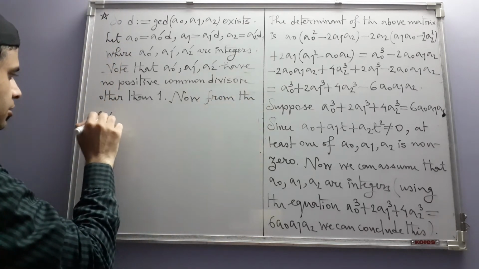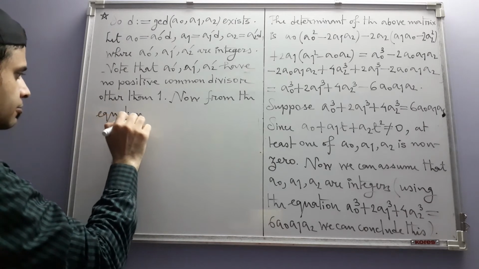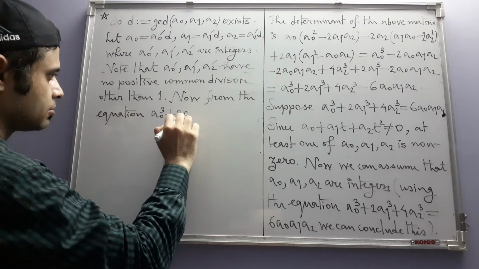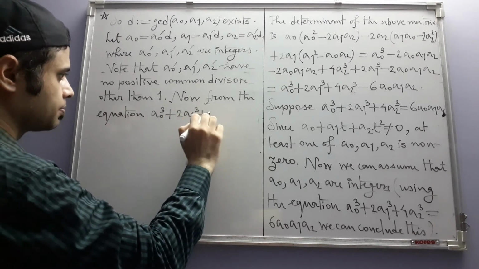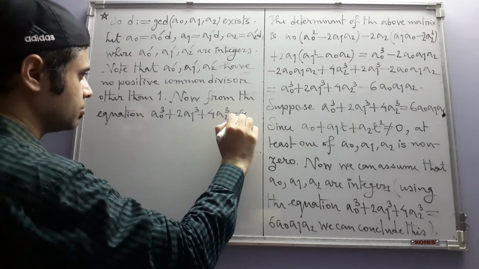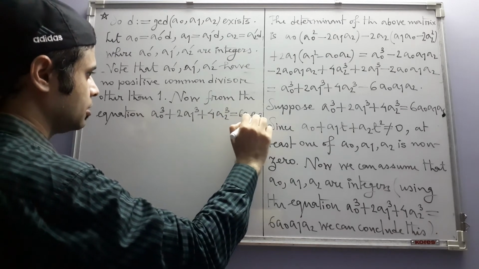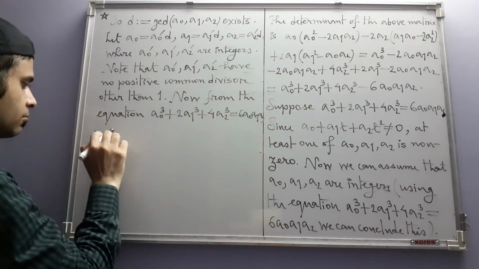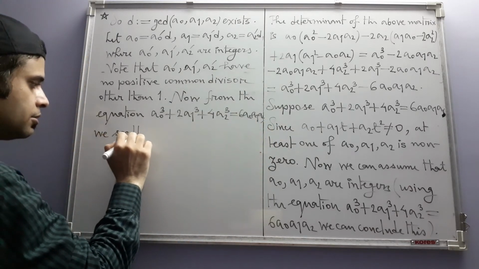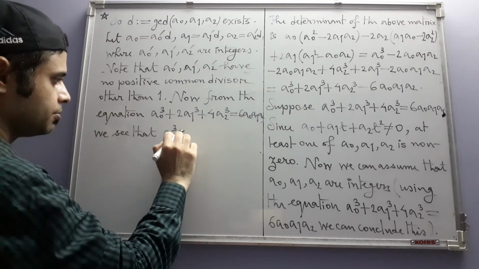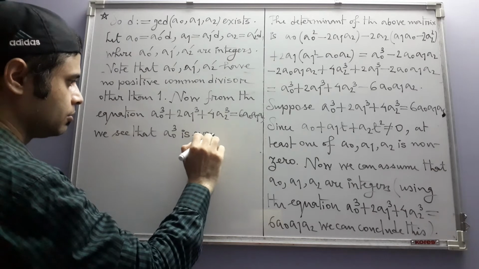Now, from the equation a0 cube plus 2 a1 cube plus 4 a2 cube equal to 6 a0 a1 a2, we see that a0 cube is even.